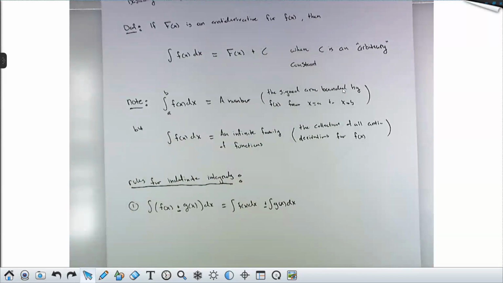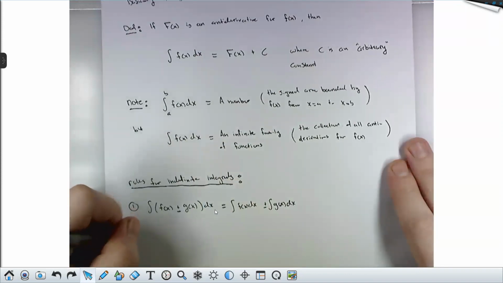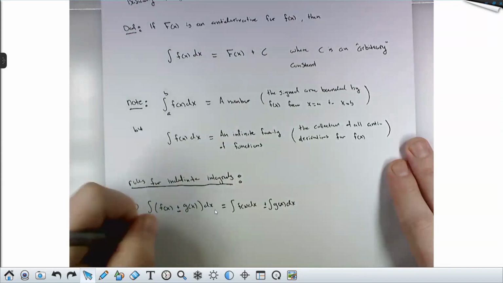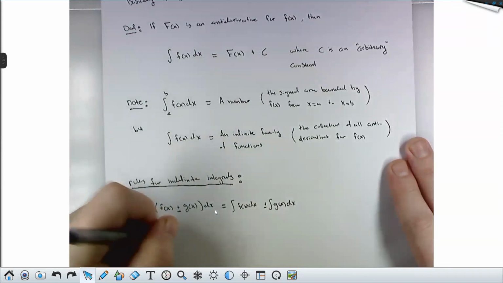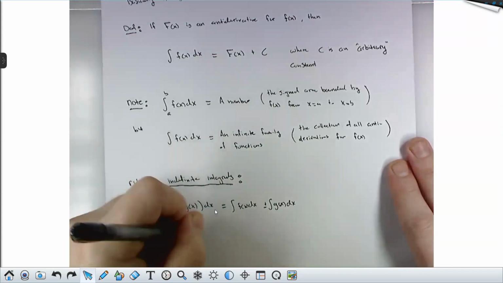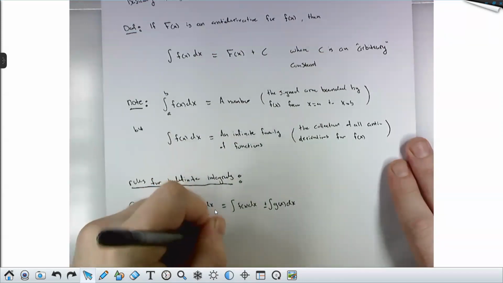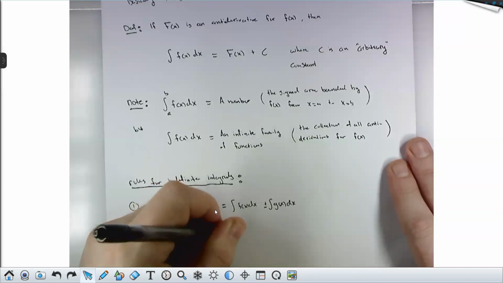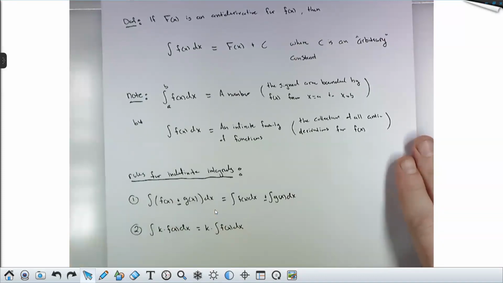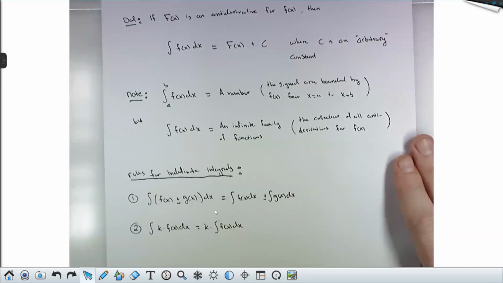But remember, in terms of Riemann sums, the dx kind of stands for a little width. Even in the indefinite integral, where we're not talking about an area, the dx has a clear and distinct meaning that will become clear. Constants pop out. All right, so these two together form the linearity condition.